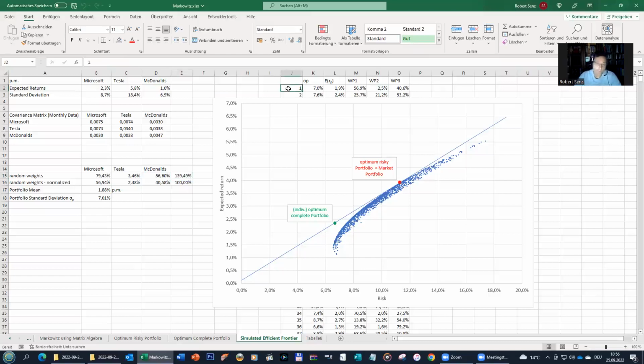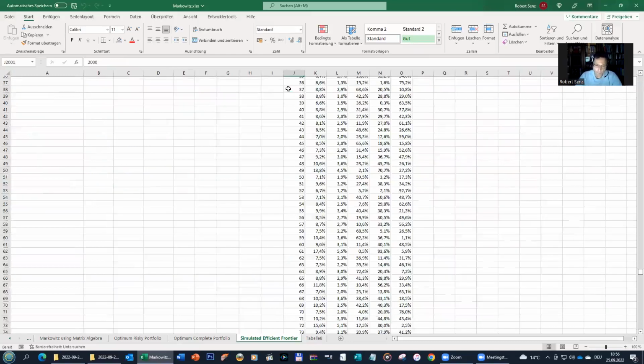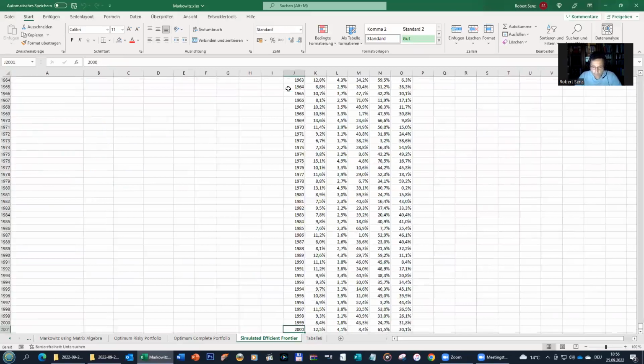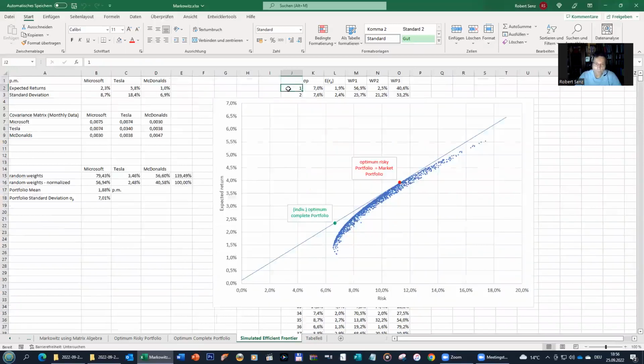Here you see the first simulation, then I go down. We have actually 2,000 simulations, so 2,000 portfolios with randomly picked weights. All these blue dots are one portfolio picked by randomness. For instance, this poor fellow here is obviously a very inefficient portfolio, because for the same risk, you can get much higher return.